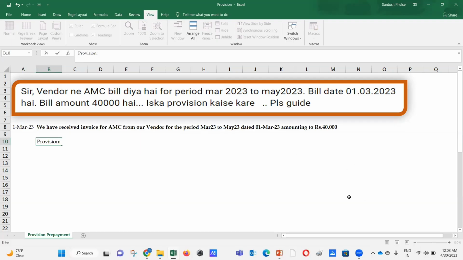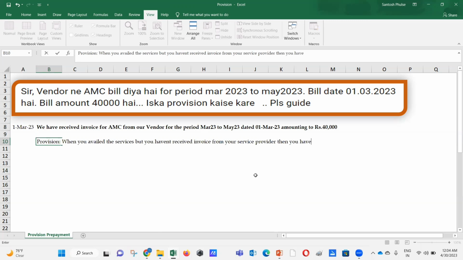Provision: when you avail the services, but you haven't received the invoice from your service provider, then you have to take the provision.